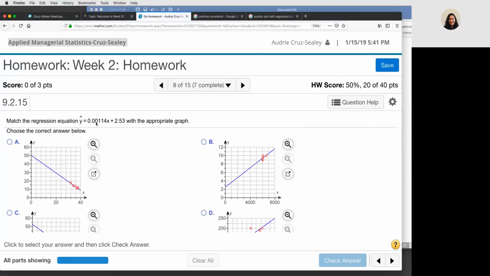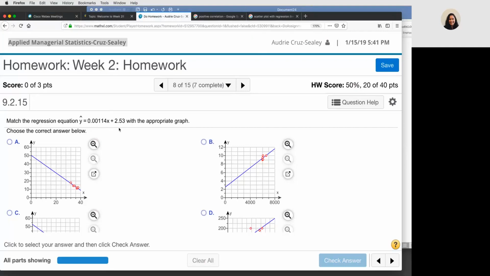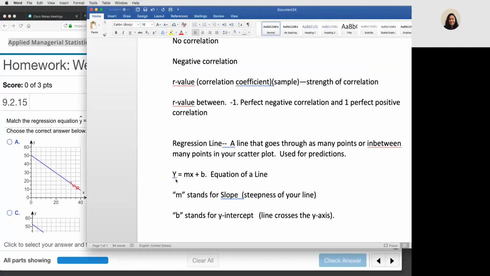The 0.00114, that is your slope. How do I know? Because that is the number that's in front of the x. The 2.53, that is your y-intercept. How do I know? Because it's the number that's not in front of the x. And if you go back and look at our notes, I told you that the equation of a line is y equals mx plus b.